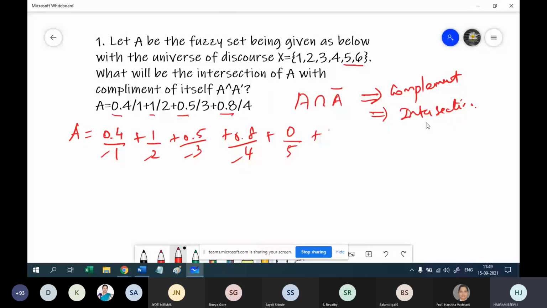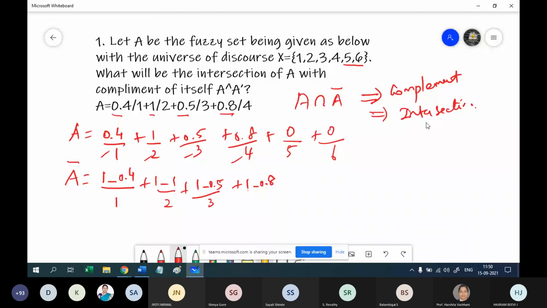Now we are going to find the A bar. So A bar means 1 minus 0.4, 1 minus 1, 1 minus 0.5, then 1 minus 0.8, then 1 minus 0, 1 minus 0.